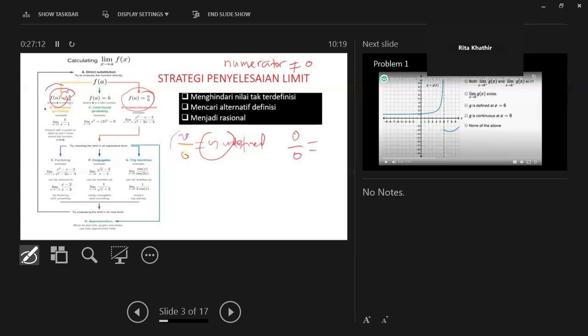So we have two here, asymptote and indeterminate forms. When we face these two, we have to think one more time. Probably then we can solve the problems.